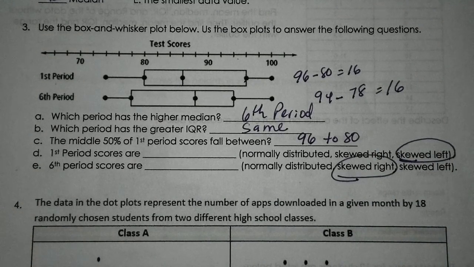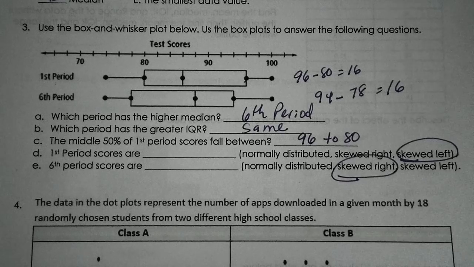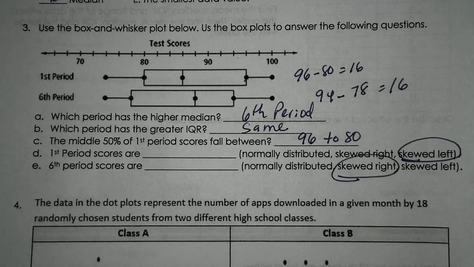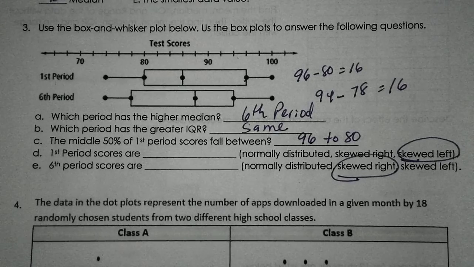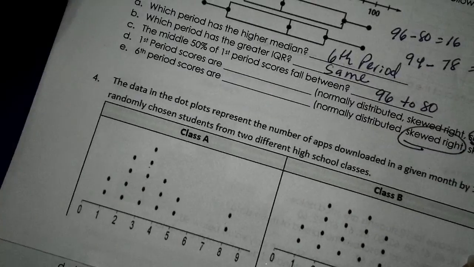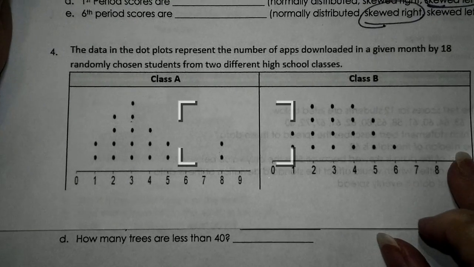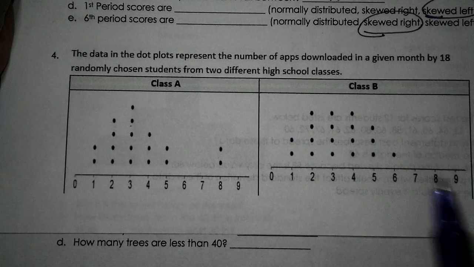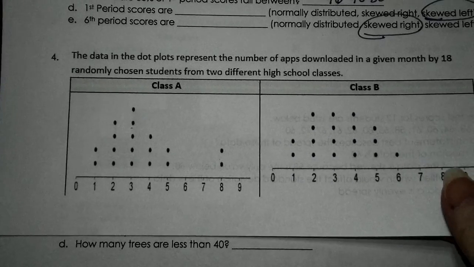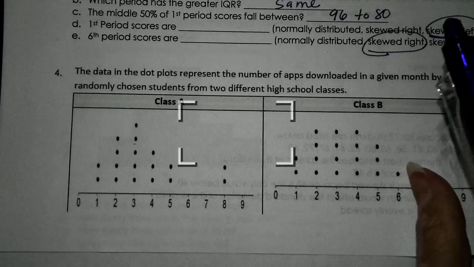All right, the data plots represent the number of apps downloaded in a given month by 18 randomly chosen students from 2 different high schools. As you can see, A looks like it is skewed, and B looks like a normal distribution type plot. All right, so let's read those questions.